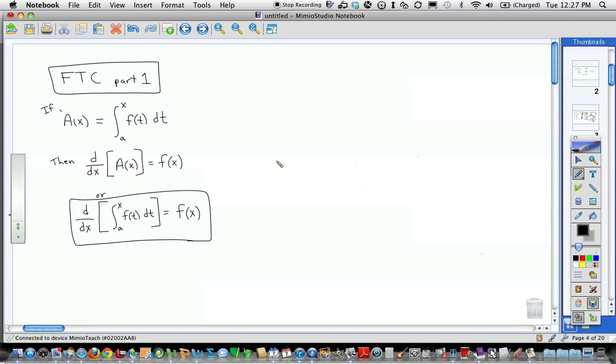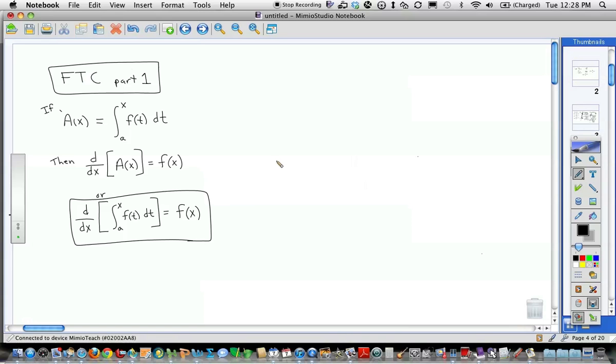Let's unpack this notation a little bit. In this first line, if A of x is the area function, A is the area under little f. The next line says the derivative of the area function is little f.